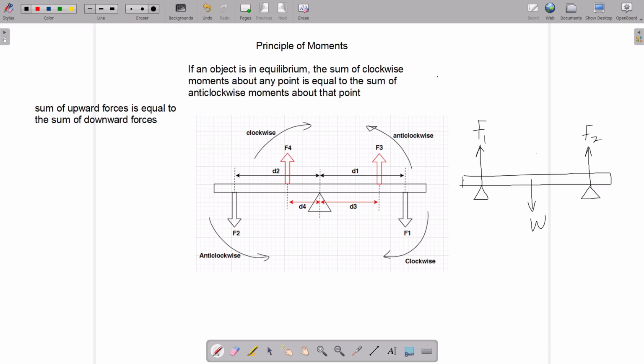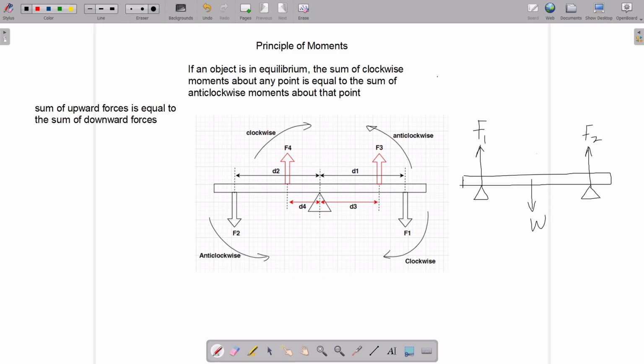The pivots in this example are exerting a force on the bar, and these forces are acting upwards, F1 and F2. The weight of the bar is taken into account, and the weight is acting from the center. That's a point you have to take note of. Once you are told that the weight of the bar is not negligible, for a uniform bar, we are going to have the weight acting from the center of mass.